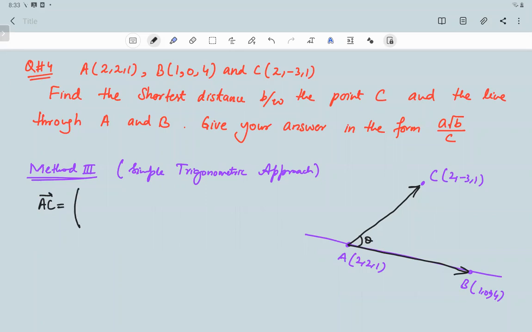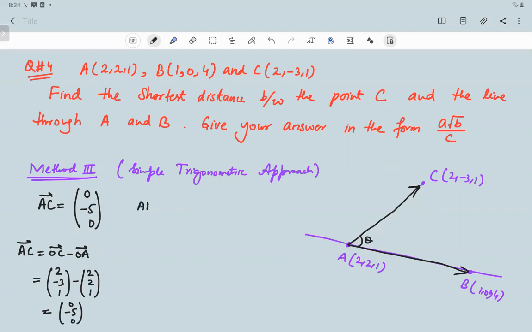AC is equal to 0 minus 5 and 0. I hope you understand this thing. I have just written this thing. AC is equal to OC minus OA, and OA is equal to 2, 1. And this thing becomes equal to 0, minus 5.